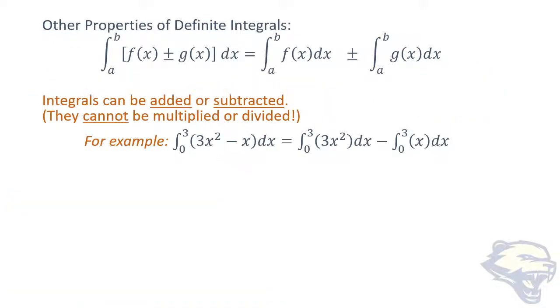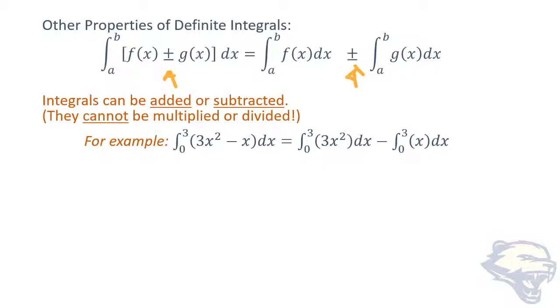Okay, so last one. Another property of definite integrals is that if you have terms being added and subtracted within your integrand, you can split them up, right? So if I have the definite integral from a to b of f plus or minus g, only plus or minus, then I can split it up into the integral of f plus or minus, whichever one it was originally, the integral from a to b of g.